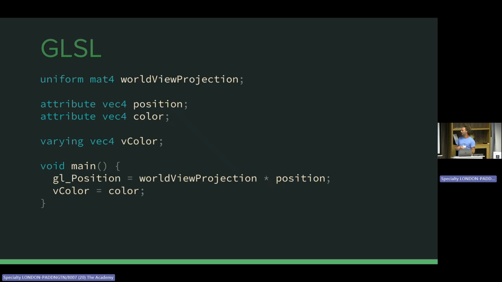Attributes, which are our row-based data that's being passed in, and varyings, which are outputs that are being passed between the different stages of the graphics card, from the model stage to the shading stage. And then we finally have the actual program itself. Here I'm just setting the position of the vertex by multiplying by some kind of matrix, which specifies how the camera is looking, and setting a color to an attribute that's coming in.